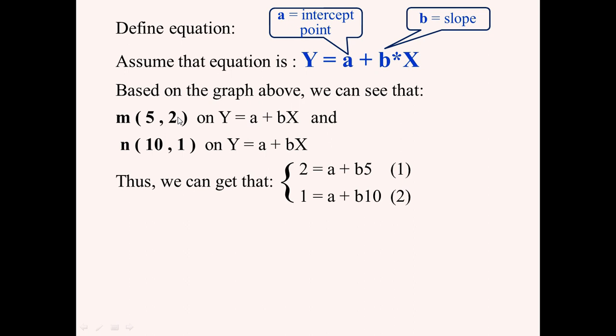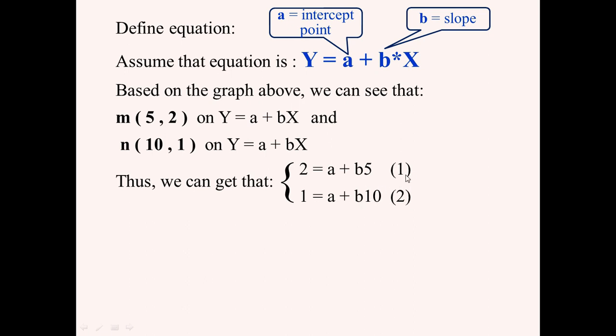Maybe you already learned how to draw a graph in secondary school, class 7, class 8, class 9. A and B are what we want to find. For point N, x is 10 and y is 1.